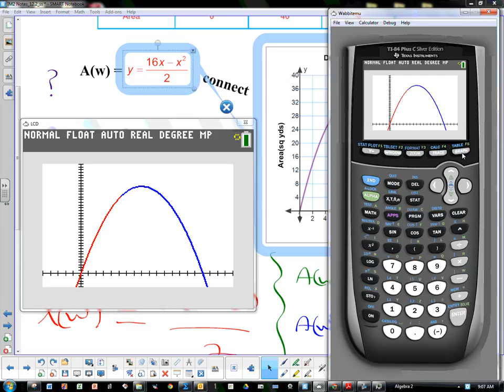Red. And black. Aren't they all the same? Just different visual representations of the same quadratic function, right? Yeah. You have to admit that's pretty cool.